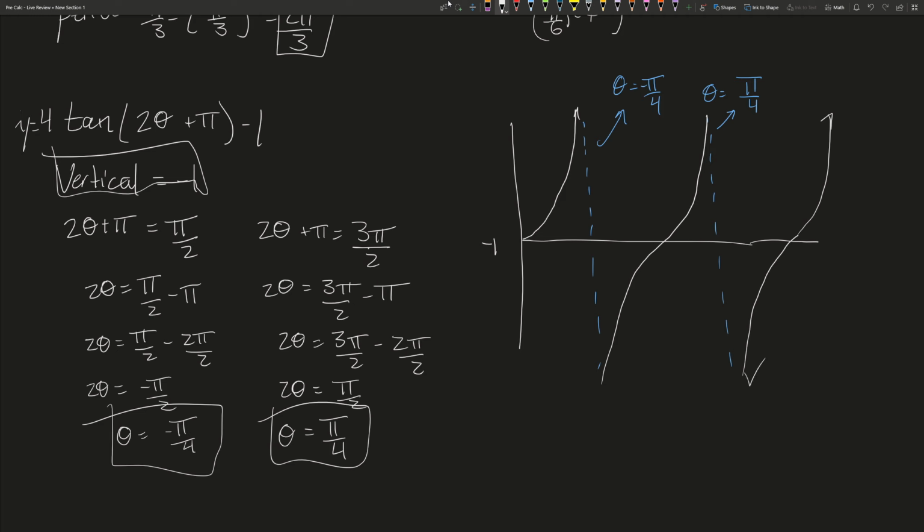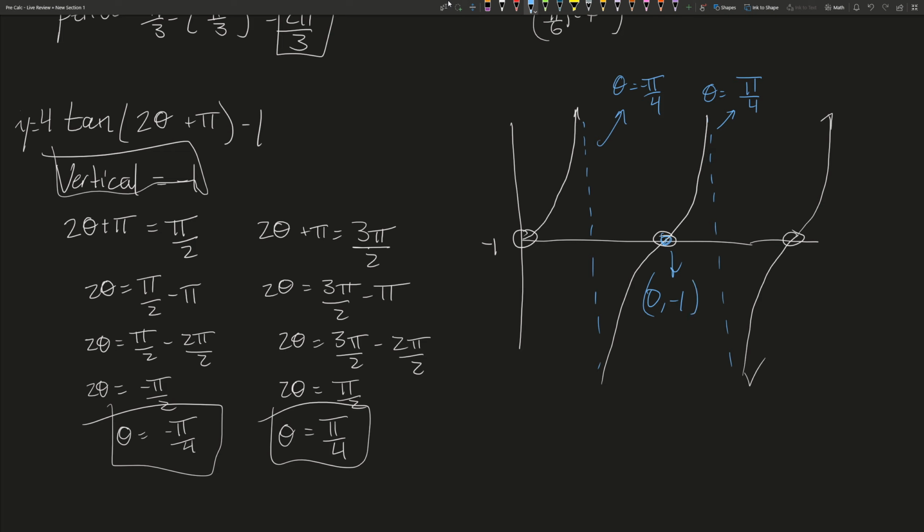And I'm expecting you to be able to get this point, and this point. And in order to do that, you find halfway between your two asymptotes. So this center point will be directly between -pi/4 and pi/4, which in this case is just 0. So this point is 0, -1.